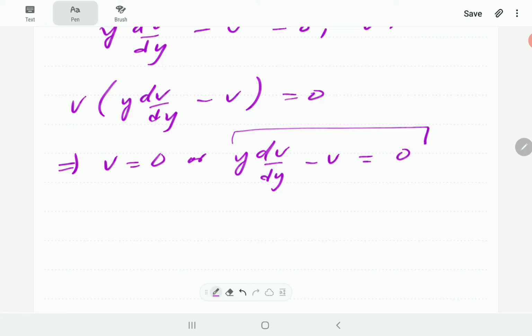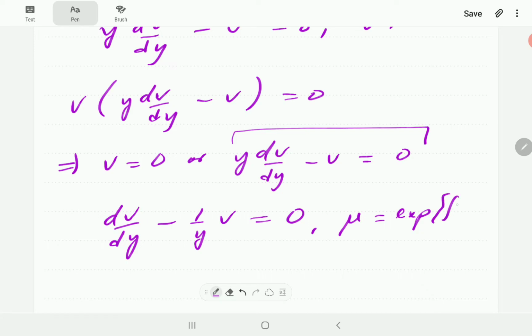Now, notice here that y is now our independent variable. So this equation is actually linear in y. It is a linear equation of v, which is a function of y. So the integrating factor is going to be the exponential of the integral of minus 1 over y dy.